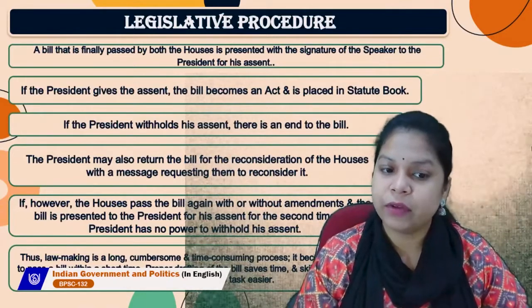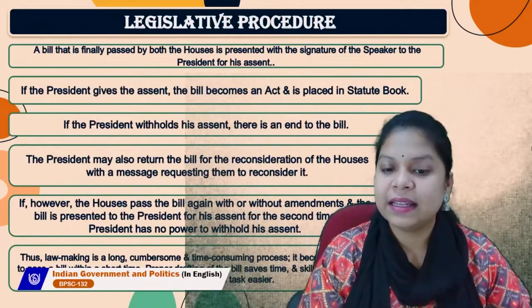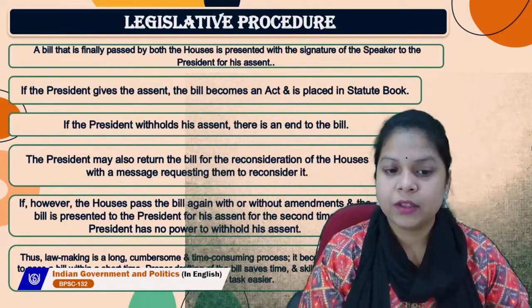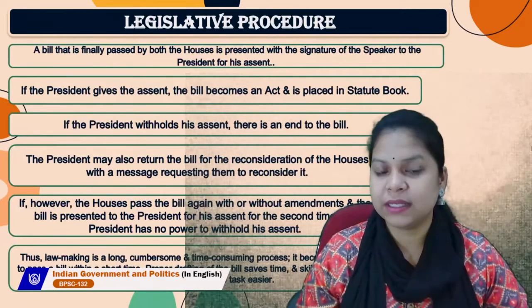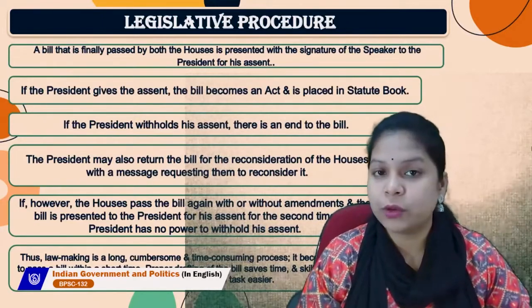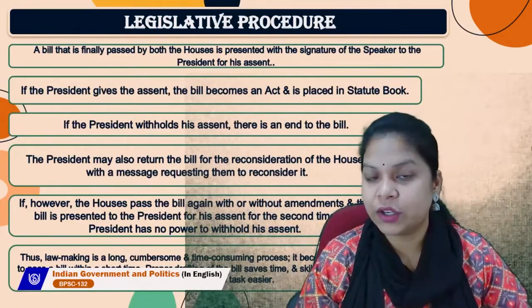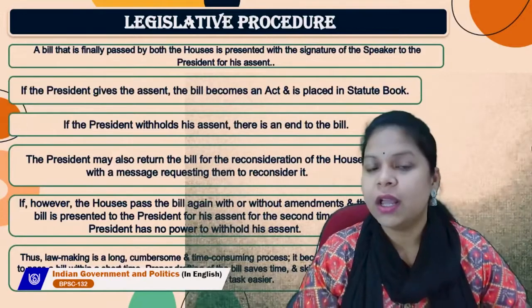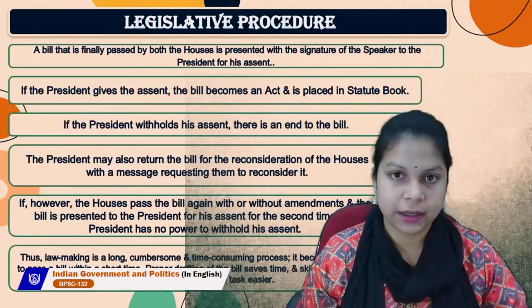If the President withholds his assent, there is an end to the bill. The President may also return the bill for the reconsideration of the Houses with a message requesting them to reconsider it.